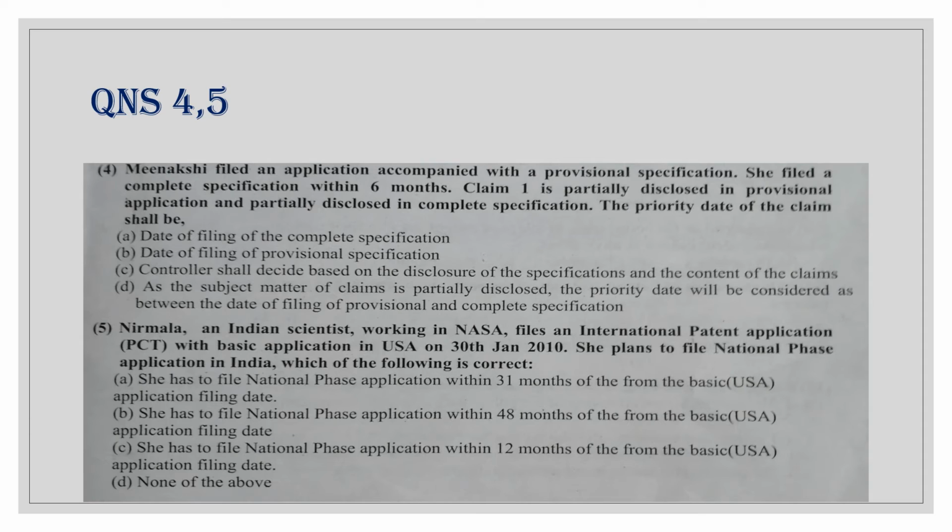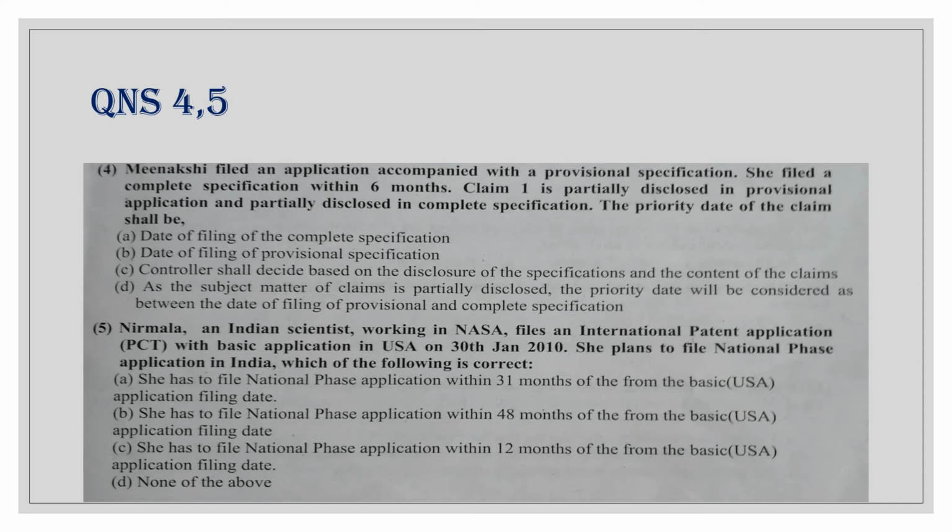So here we see that Nirmala is an Indian scientist. She is working in NASA and she files an international patent application through PCT. Okay. And here with the basic application in USA on 30th June 2010. She plans to file the national phase application in India. So which of the following is correct?